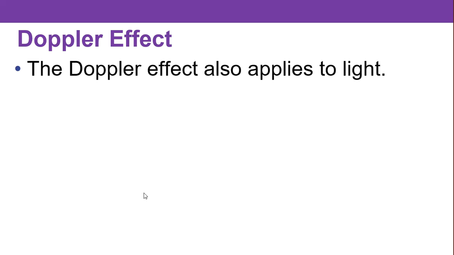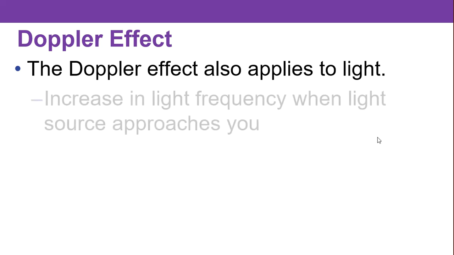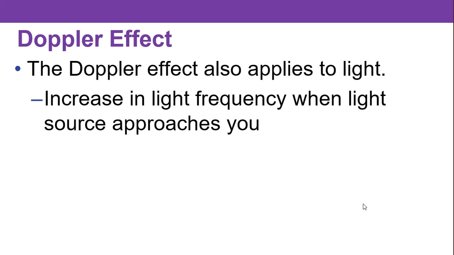All right, so the Doppler effect also applies to light. In that last example, we were talking about radio waves and radar. Radar stands for radio direction and ranging. Radio waves is a form of light. What happens is you get a change in wavelength that also corresponds to a change in the light frequency.